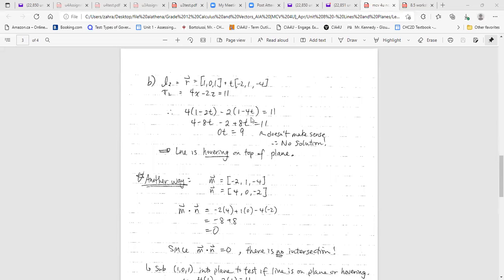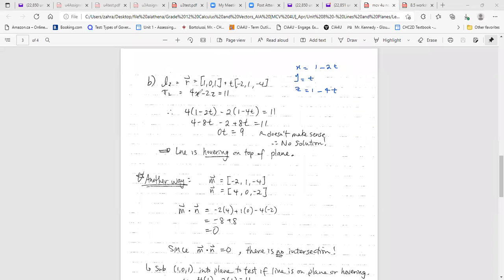So here is another example. You have a line equation, and we have a standard equation of the plane. So you need to write the line in parametric form. x is equal to 1 plus -2t, so it's 1 minus 2t. y equal to 0 plus t, so it's t. z is 1 plus -4t, which is 1 minus 4t.